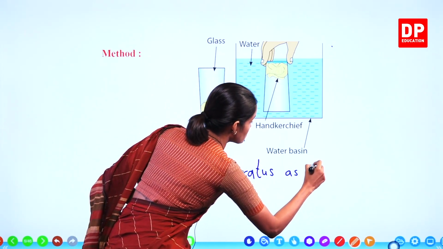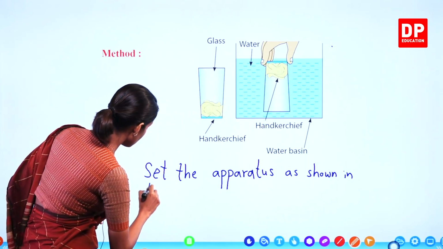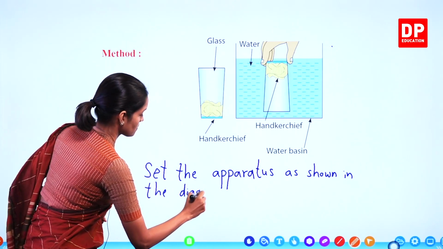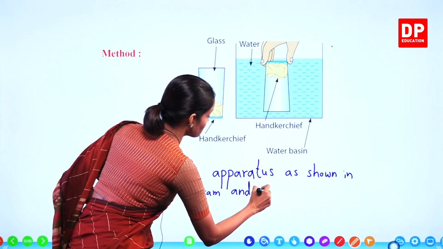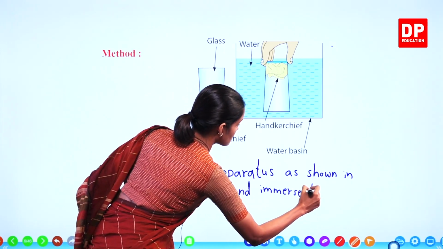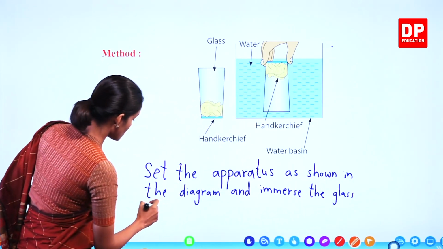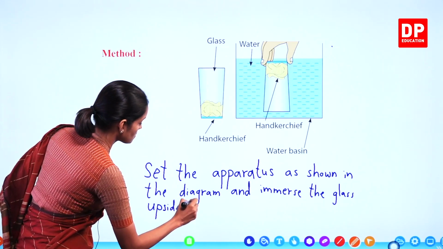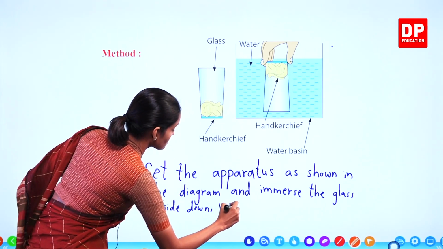As shown in the diagram, and immerse the glass upside down vertically.